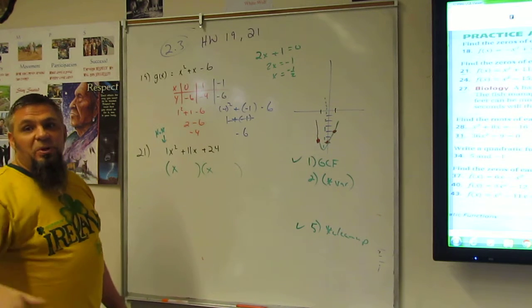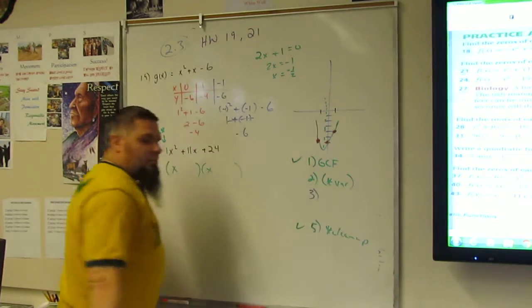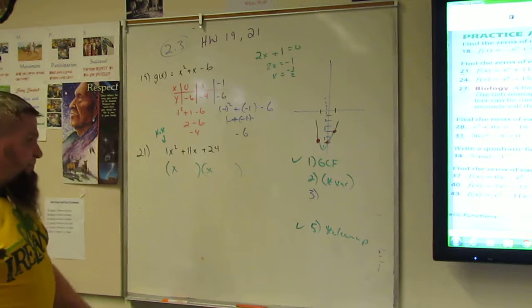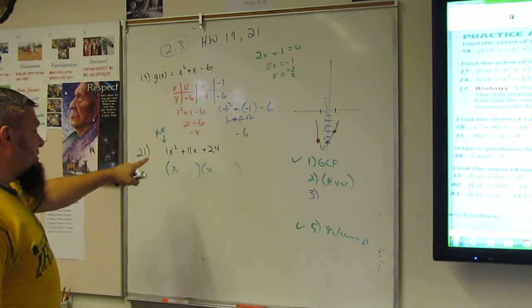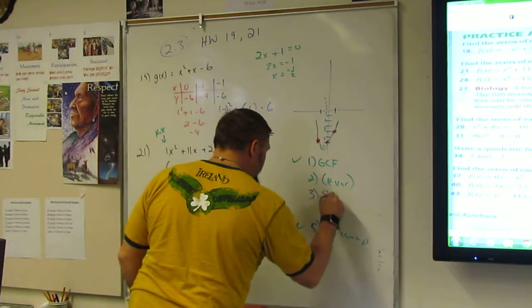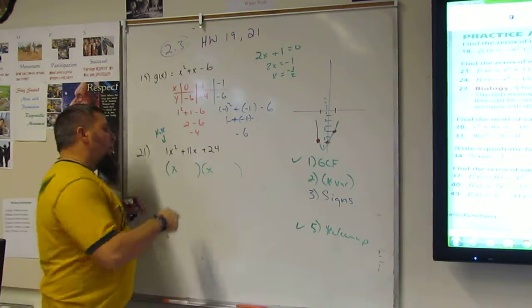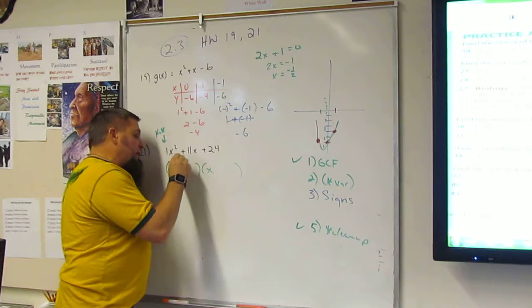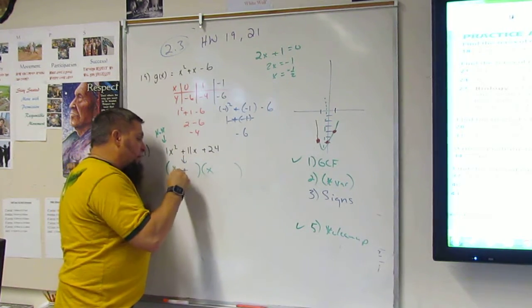So now we have to do 2 more steps. The third step is we're going to do signs. The first sign comes straight down.